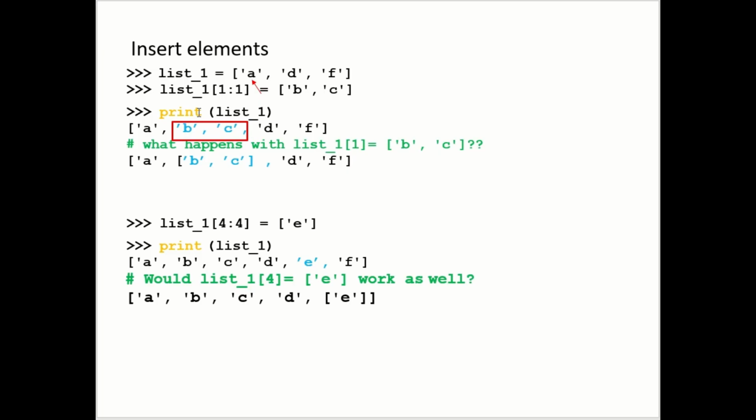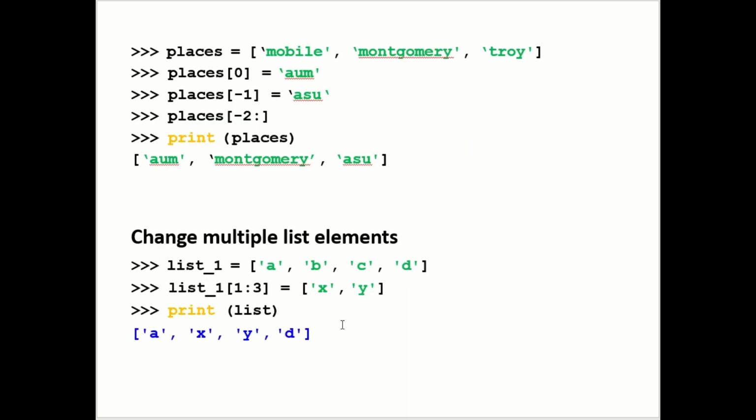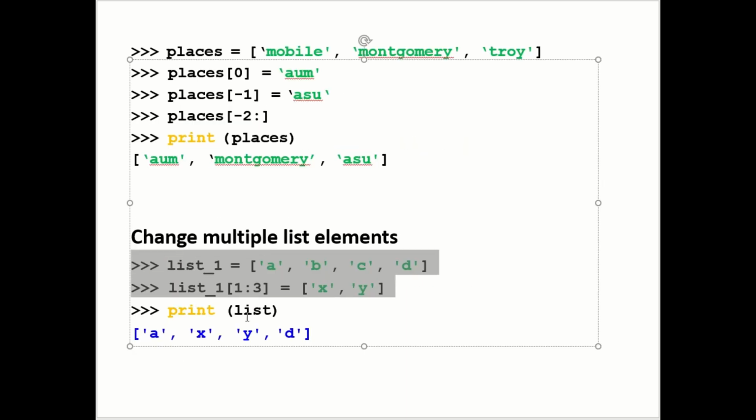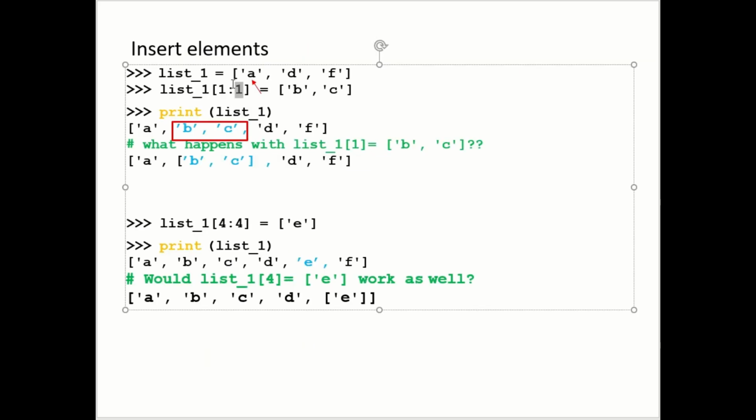If, for some reason, we wanted to pop in BC, that is 2 individual strings, we could do that. Instead of doing it like this, with 1:3, if we did 1:1, there's only one integer there.